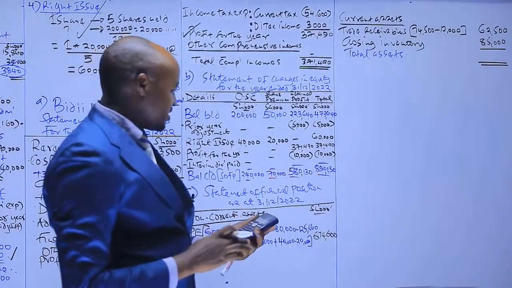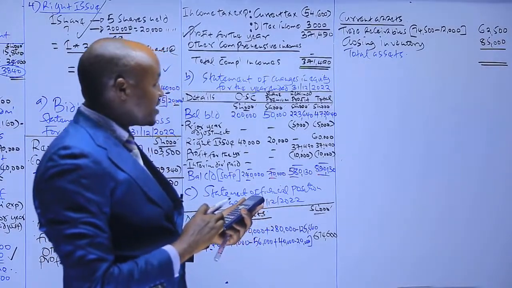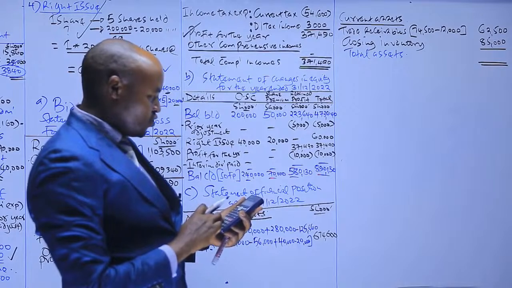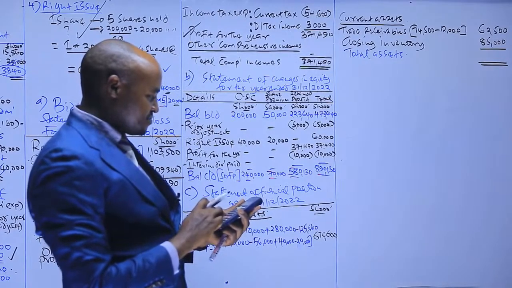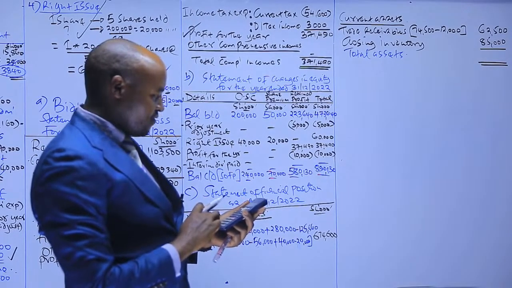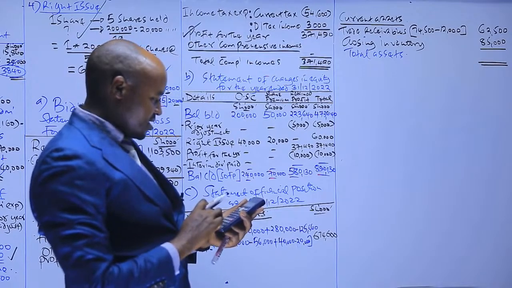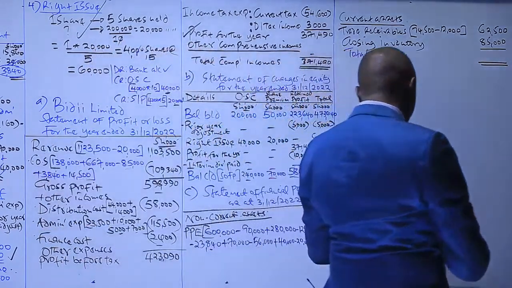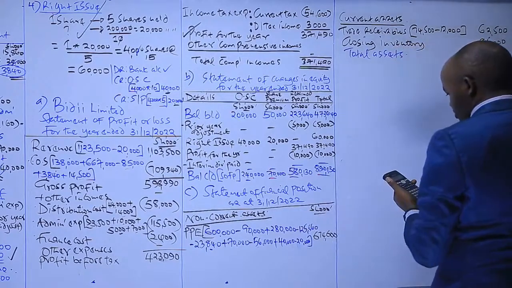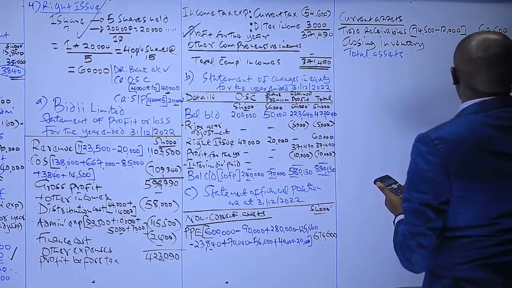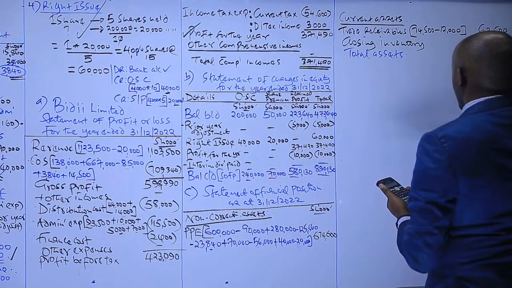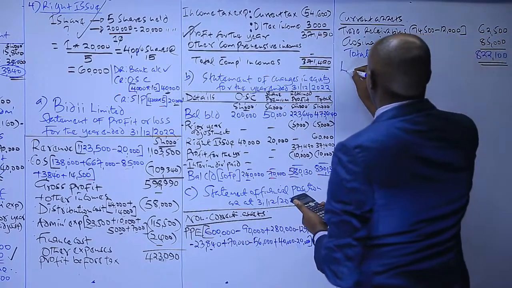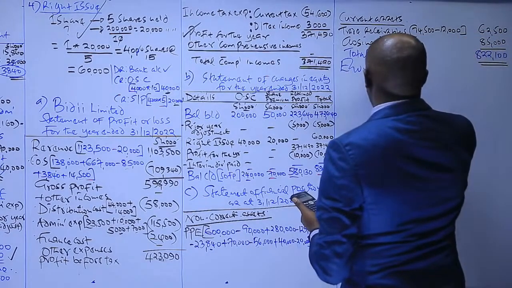So we have 674,600 plus 62,500 plus 85,000. So that will give us total assets of 822,100. And then from there, we proceed and record equity.